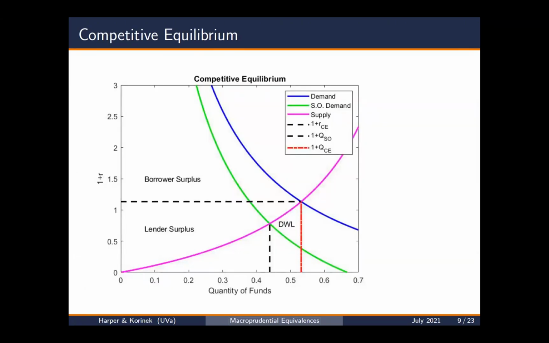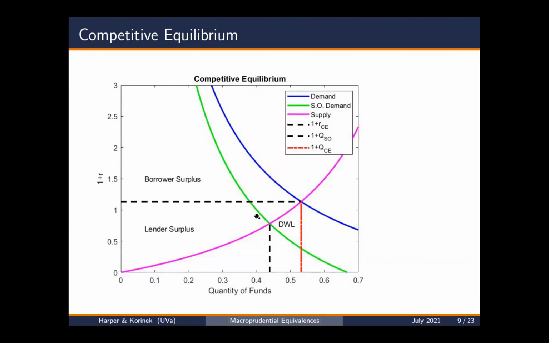So we start with looking at the competitive equilibrium, and we have this purple line here that shows the supply curve, which is coming from lenders' preferences, and then the blue line shows the privately optimal demand curve coming from borrowers. And then the green line is the socially optimal demand curve, which is the demand curve that the social planner would want borrowers to have once the externality is accounted for.